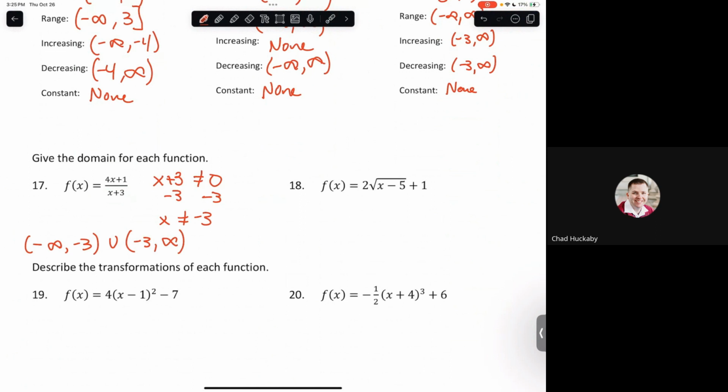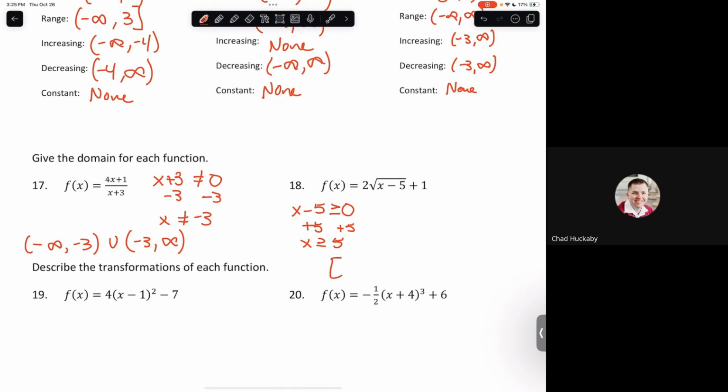Okay. On number 18, the thing that causes the problem would be inside the square root. The stuff inside a square root, for it to be a function, the x minus 5 has to be greater than or equal to 0. Cannot be negative. So we can add 5 to both sides, and we have that x is greater than or equal to 5.